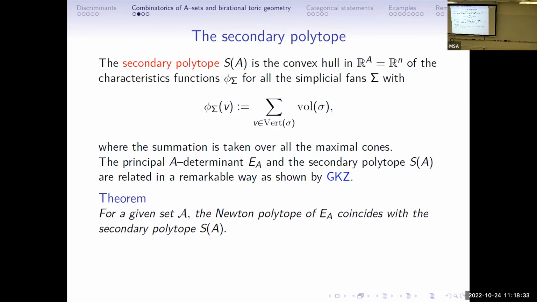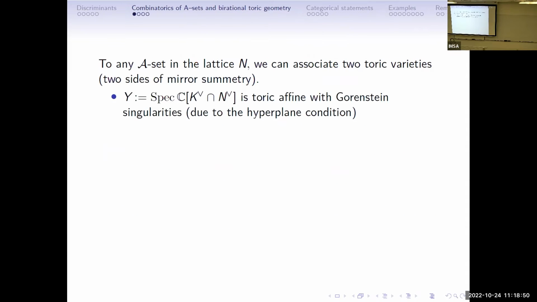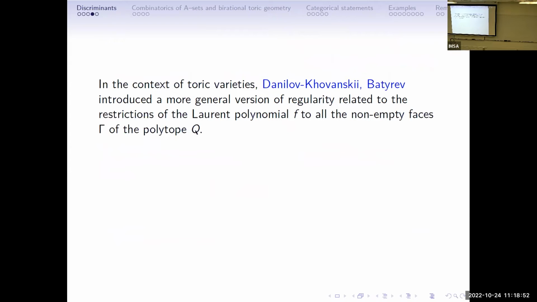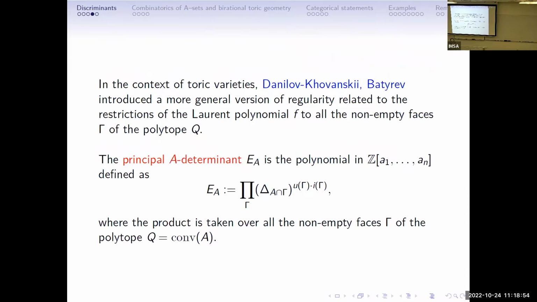I'm not sure it would be very illuminating, but without going into the details of why this works, I'll talk about its relevance, at least for those of you who are not familiar with the notion itself. The remarkable theorem they prove is that the Newton polytope of the principal A-determinant coincides with the secondary polytope. So this principal A-determinant is this classical notion, roughly speaking, of the discriminant.